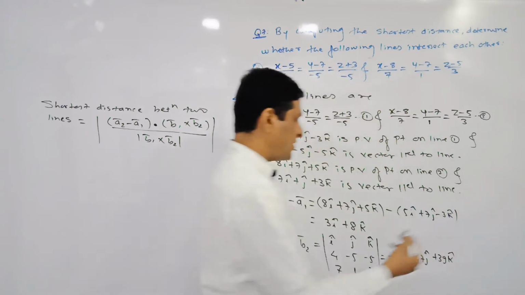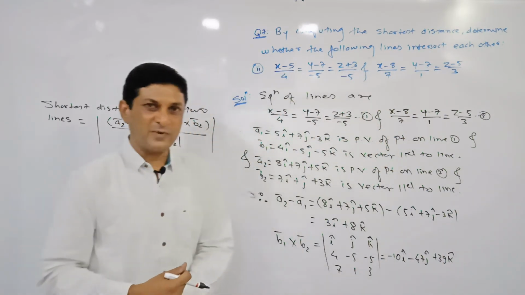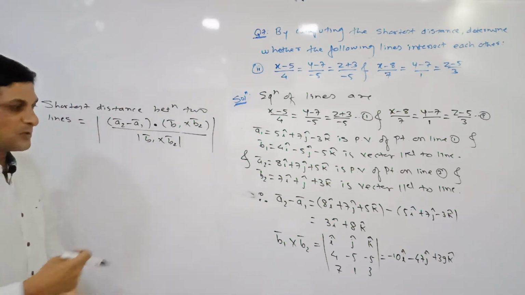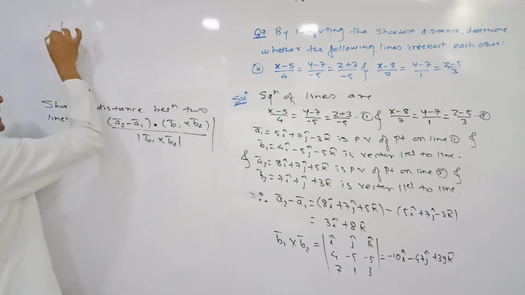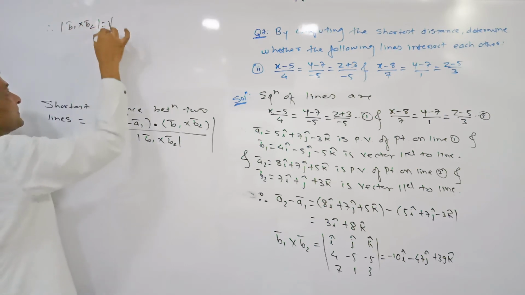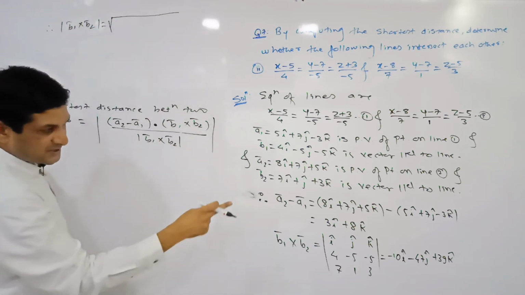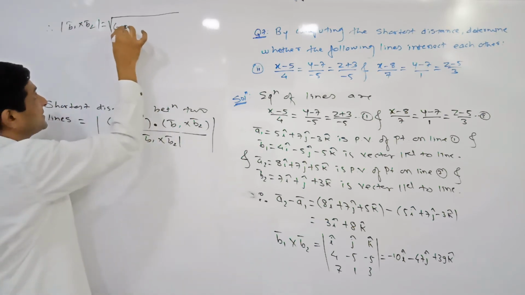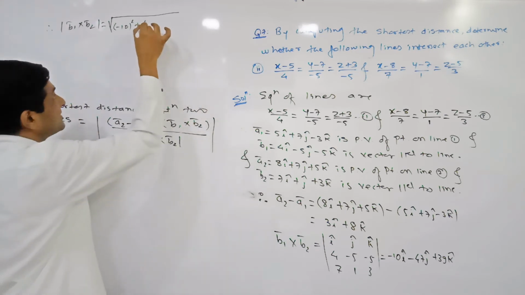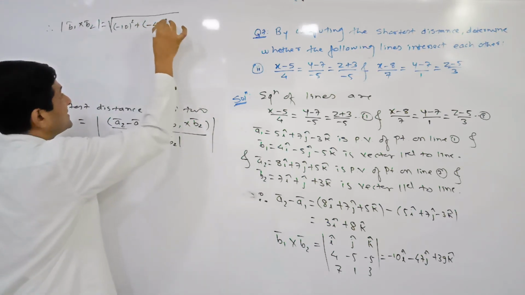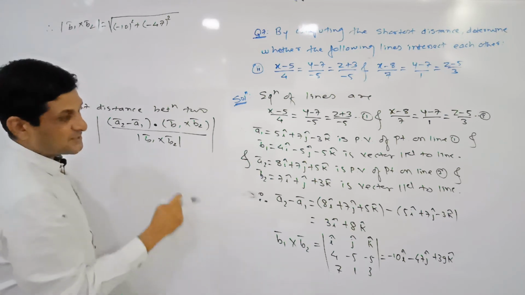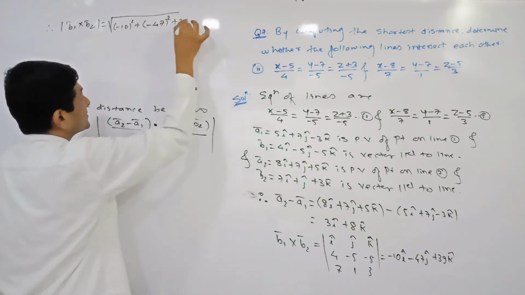So in this way we have got the cross product of these two vectors. In the denominator we will require the magnitude of this cross product. So the magnitude of b1 bar cross b2 bar will be equal to the square root of the square of minus 10 plus the square of minus 47 plus the square of 39.